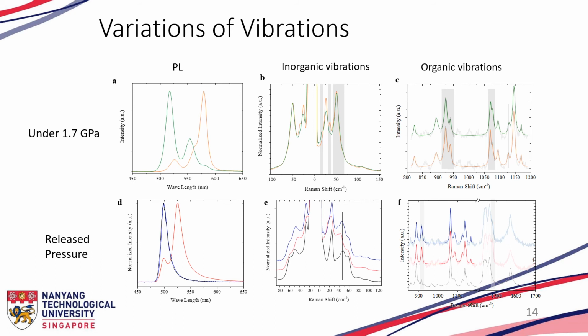In the reversible part, the Raman spectra from both organic and inorganic parts look similar. However, in the irreversible part, the vibrations are different, shifted, and similarly a new peak may appear. That shows that the structures of these 2 domains are also different.